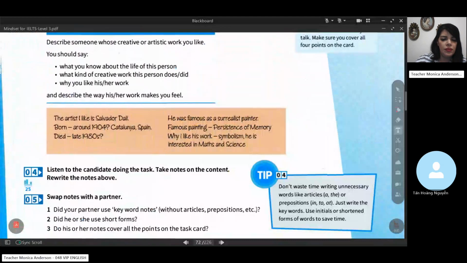He was a surrealist painter, so he used symbolism a lot. What that means is in his paintings, things don't look like what they are. One of his most famous paintings is called The Persistence of Memory, and it shows watches or clocks that are very soft, which is supposed to show that time is not as most people understand it.